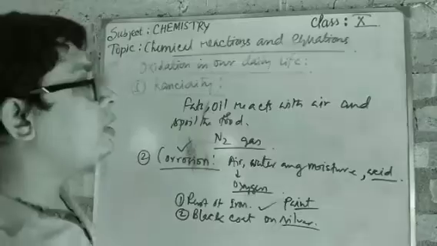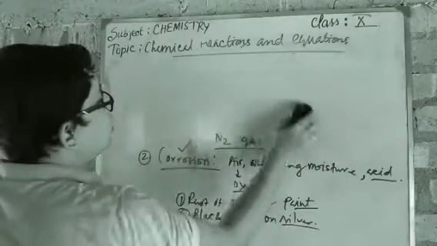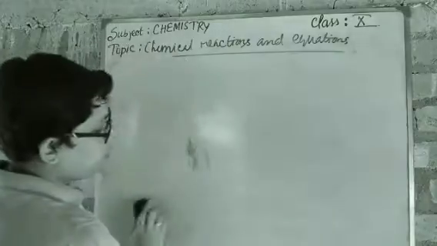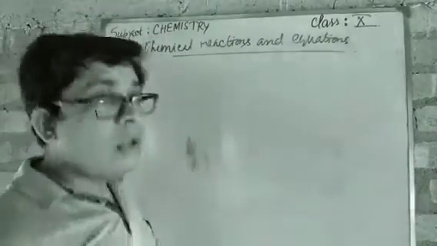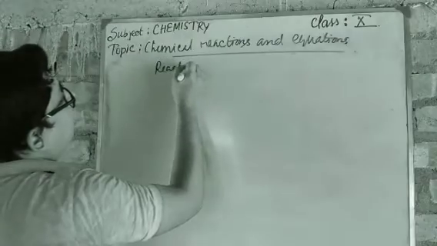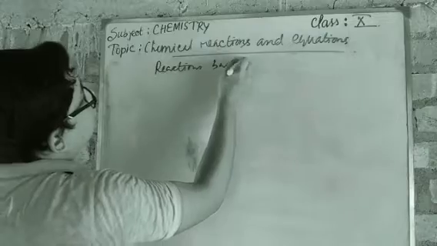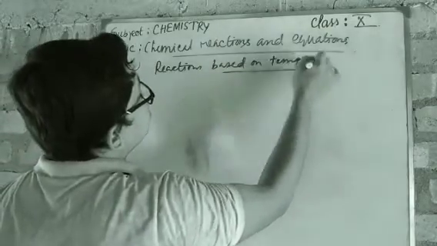Now we have already completed the reaction chapter, the first chapter. Now we are at the end of this chapter. At the end of this chapter we will read about reactions based on temperature.